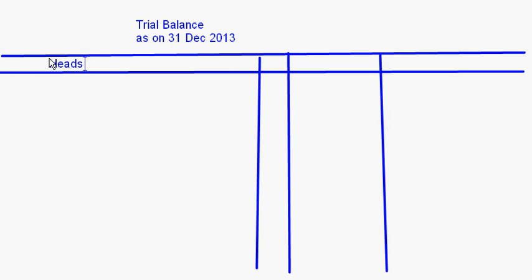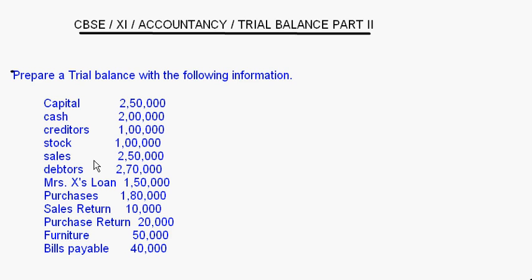This is heads of account, ledger folio, debit balance, and this is credit balance, right? Okay. Now one by one we will take up these and put them in the trial balance.